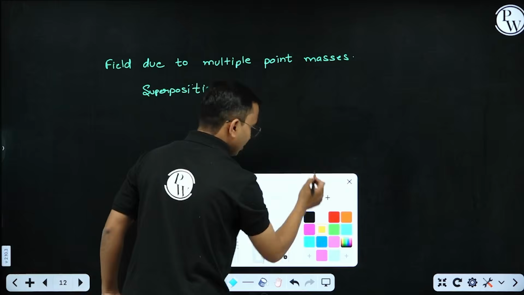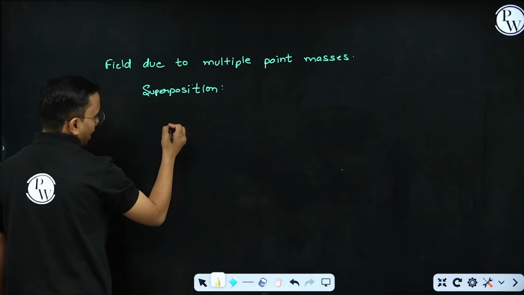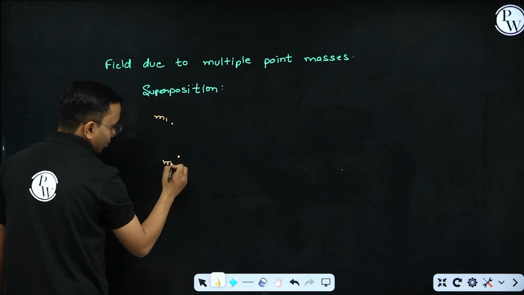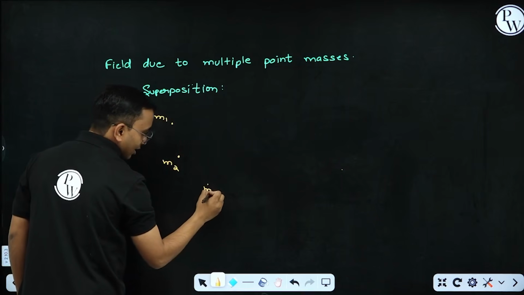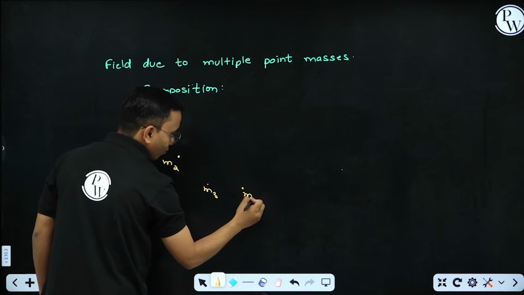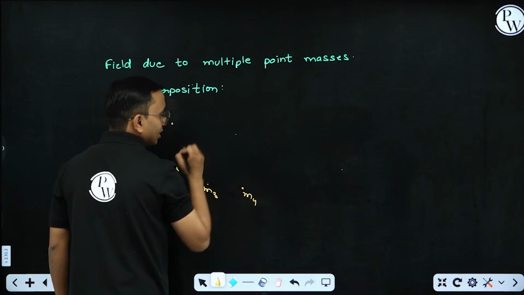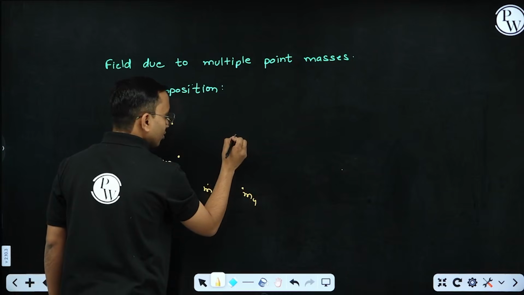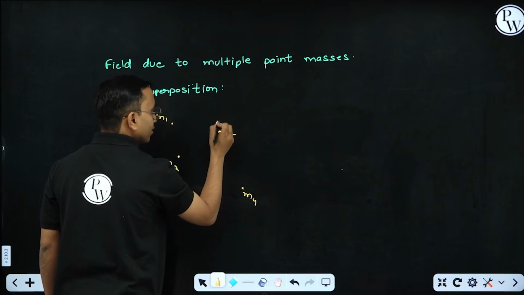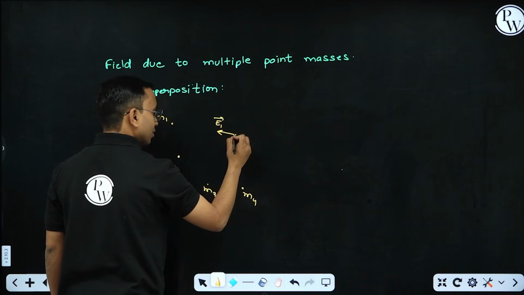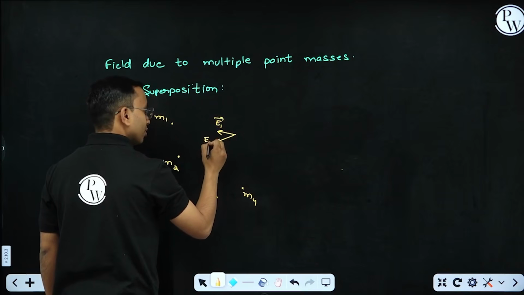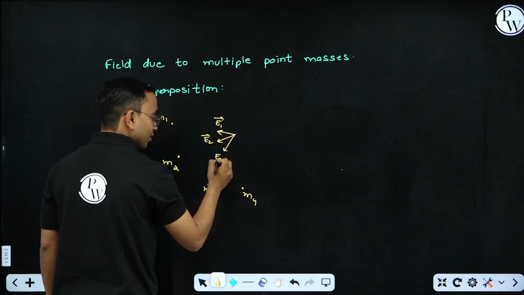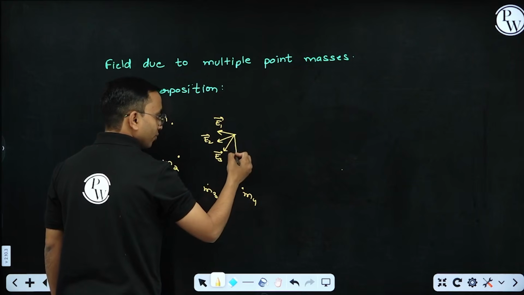What is that? If there are multiple masses, let us take this is my m1, this is m2, this is m3, this is m4, and there is a point P here. I need to find the gravitational field. I'll find due to m1, that will be in this direction, E1, due to m2, that will be in this direction, E2, due to m3, due to m4.